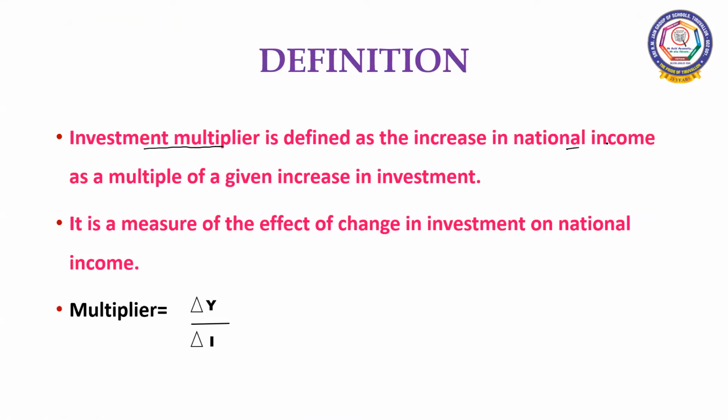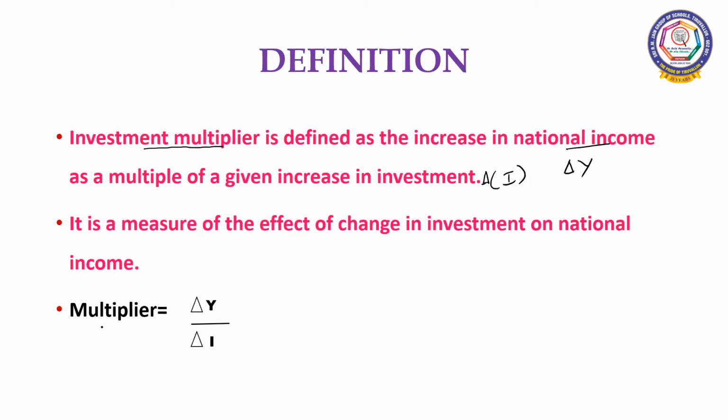National income is denoted by Y and investment is denoted by I. So here it is the increase in national income, delta Y, and the increase in investment, delta I. It is a measure of the effect of change in investment on national income. So the initial investment brings about a multiple change in the income in the economy.